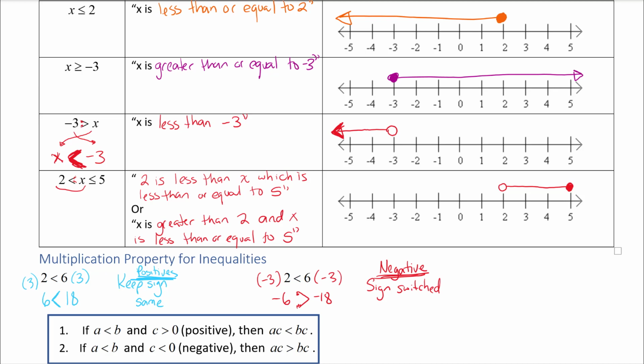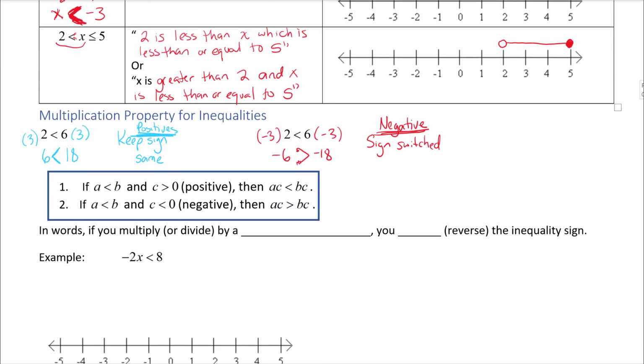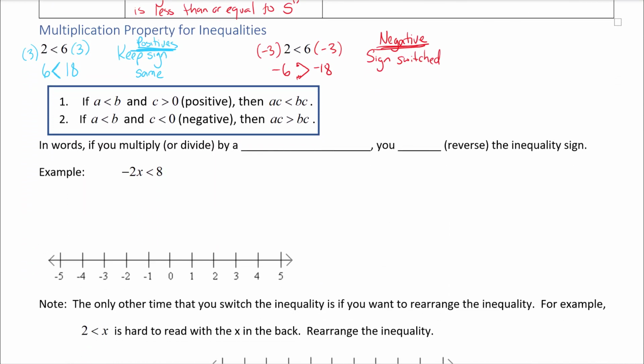So we have a rule for that, and let me show you the mathematical way of writing that rule. It says if A is less than B and C is positive, then you can multiply C to both sides of the equation and keep them the same. A times C is less than B times C. Whereas if you have A is less than B and C is a negative, so you multiply by a negative, what happens to your sign?